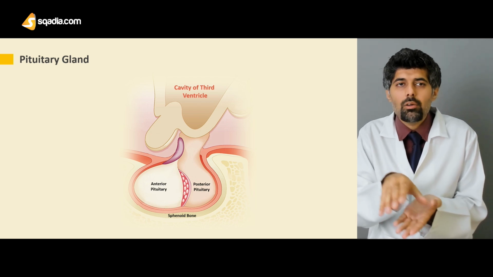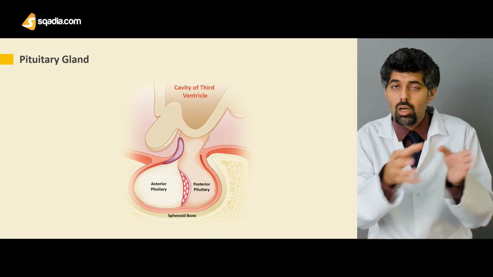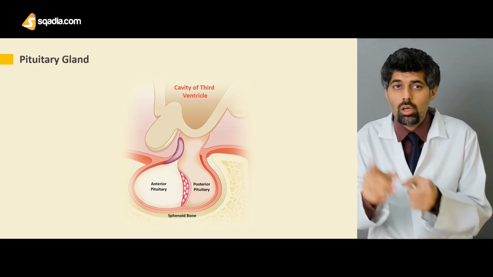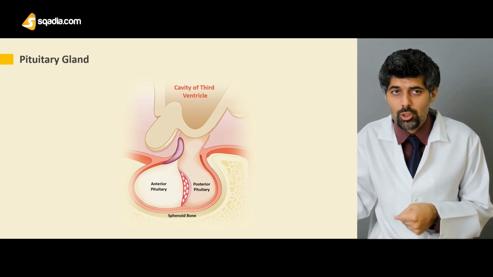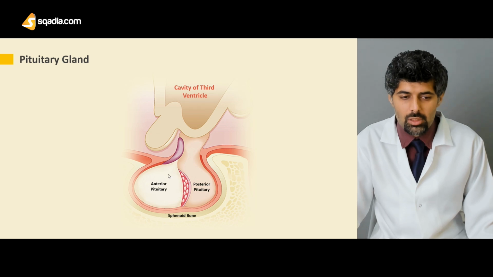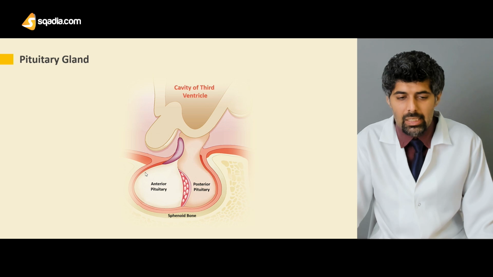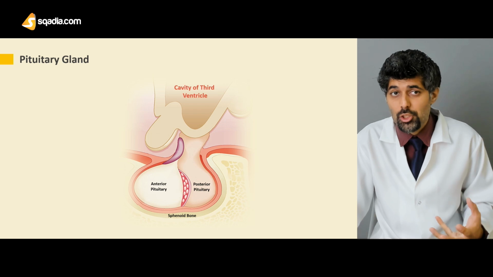So any kind of outgrowth here will put pressure on one of the structures, resulting in the disruption of the function of that structure. So this is the anterior pituitary, this is the posterior pituitary, this is the sphenoid bone, and this is the depression in this sphenoid bone known as the sella turcica.